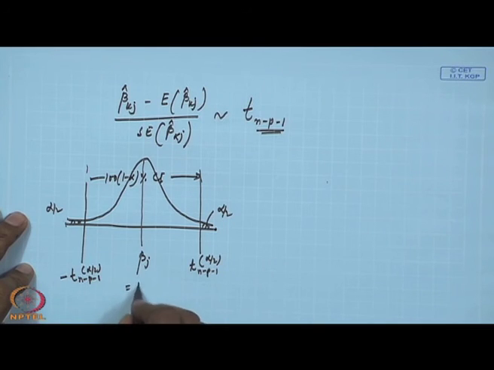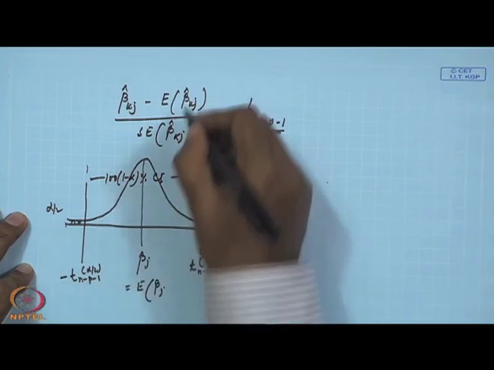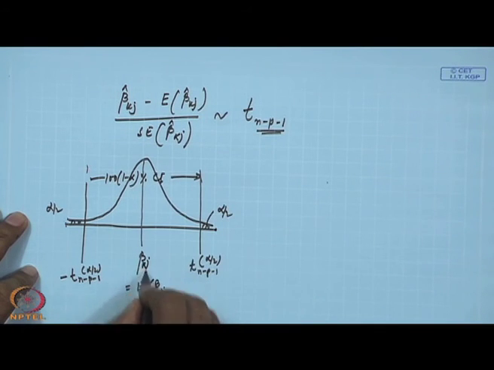What is this beta j? Beta j is basically the expected value of beta j. Here we are using beta kj, because k is coming from the dependent side.